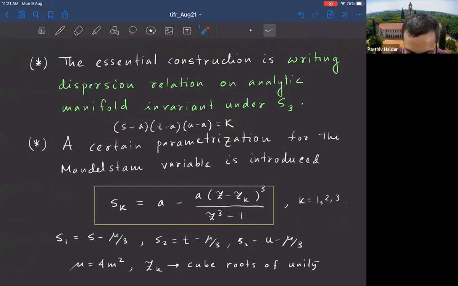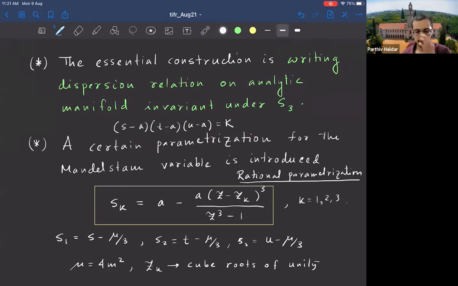When you write down the dispersion relation on this manifold, you would like to parameterize s, t and u suitably on it. So we will choose a rational parameterization.